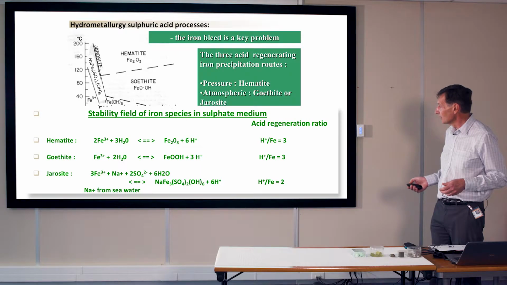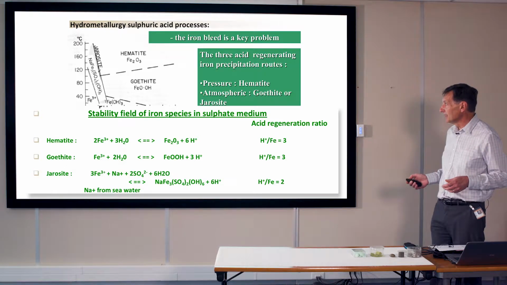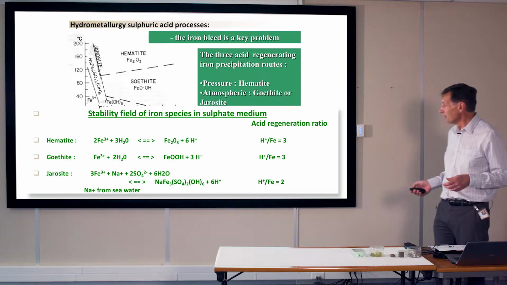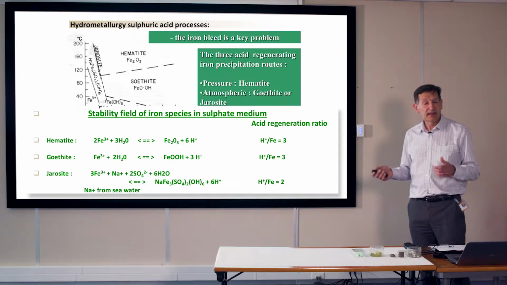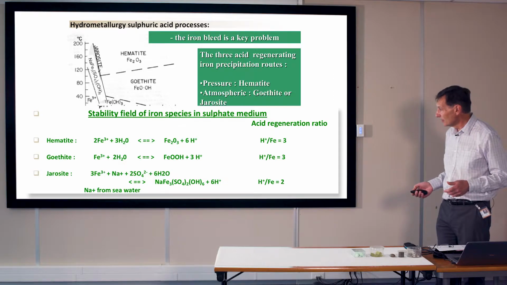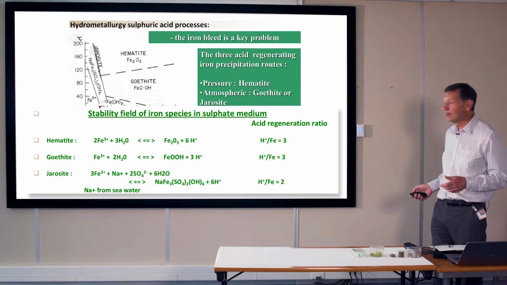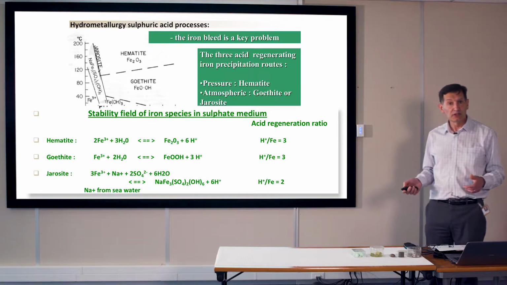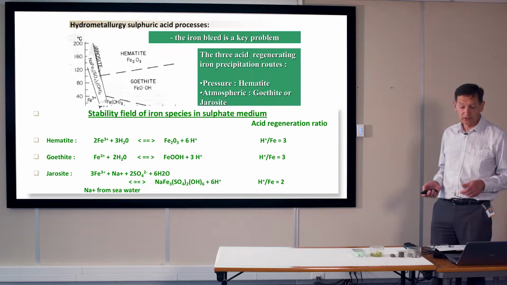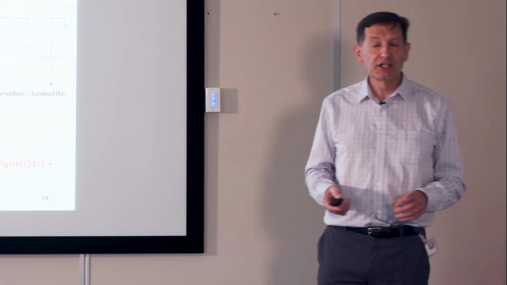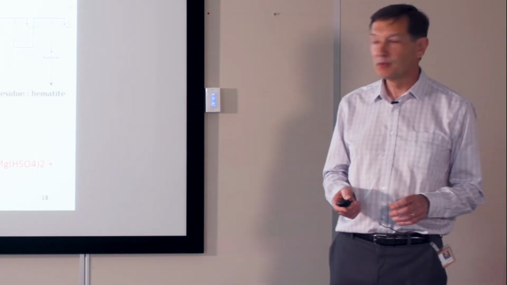The conclusion of this acid ratio is that when you precipitate hematite and goethite, you form more acid and consume less acid than for jarosite. You form only 2 acid per iron, and the acid consumption will be higher than in the other processes. Now I will go into the details of the different processes.